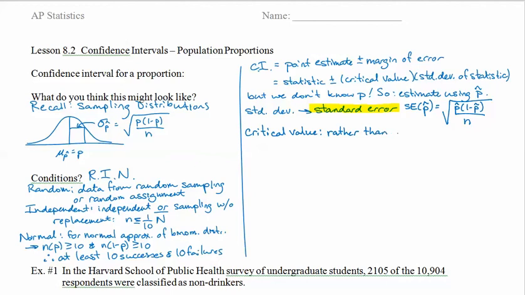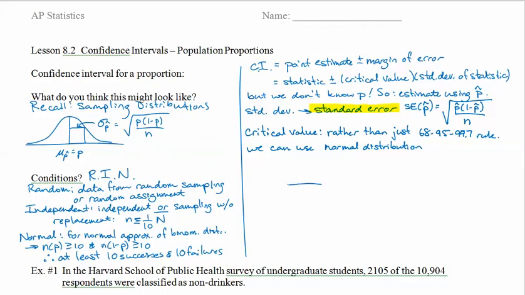Rather than just using that rule, we're going to try to be a little bit more precise, and so we can use the normal distribution, because using our conditions, we've already concluded that we can use the normal approximation.